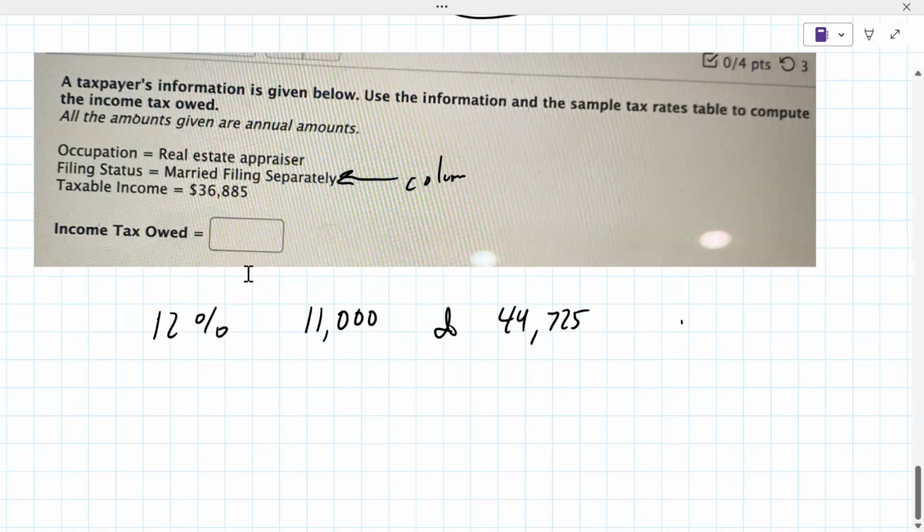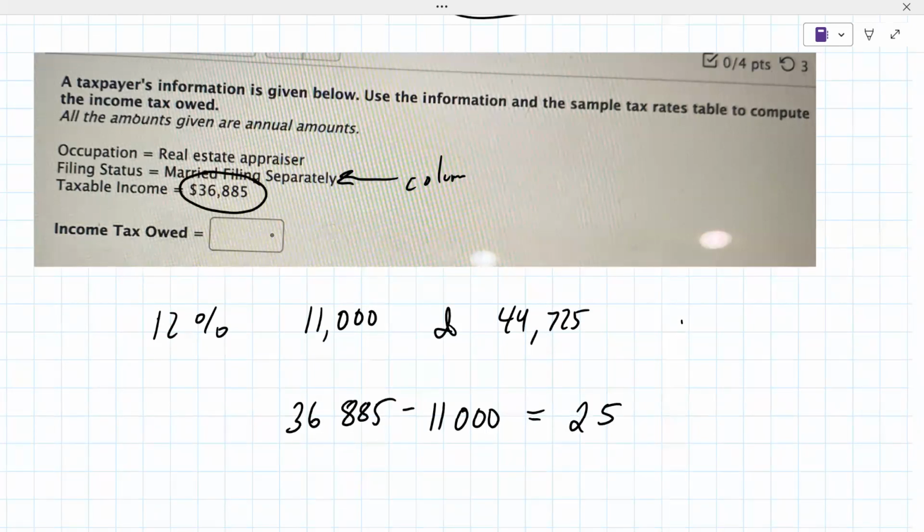So this may be a little unclear, but you take your taxable income and you subtract out that minimum number. And so you actually are only paying 12% on $25,885. That's the 12%.